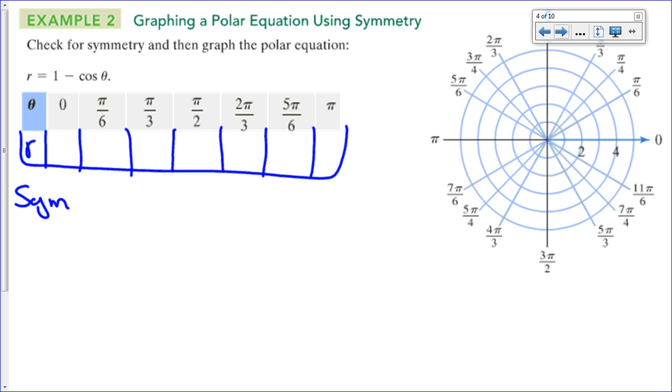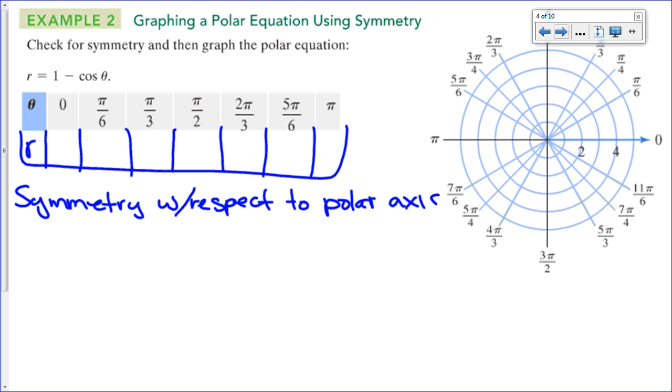So symmetry with respect to the polar axis, remember, like the x-axis. We were talking about the xy plane. So the function is r equals 1 minus cosine theta.